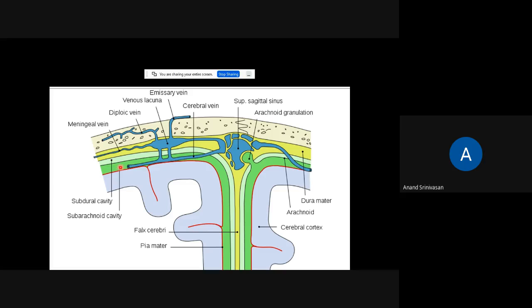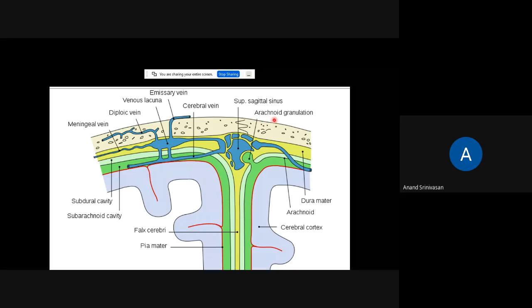This is the subarachnoid cavity, the falx cerebri, the pia mater, the arachnoid mater. The green colored structure is the arachnoid mater, and you can see it protruding inside the sagittal sinus.